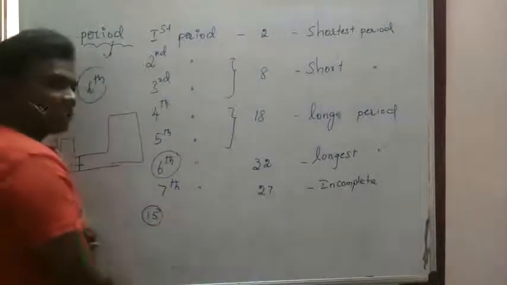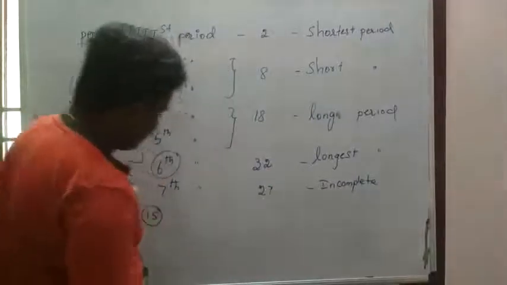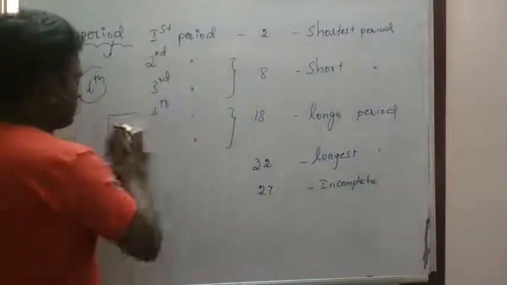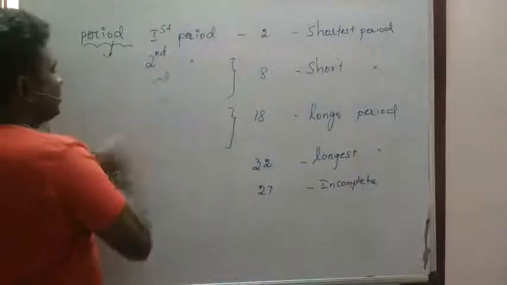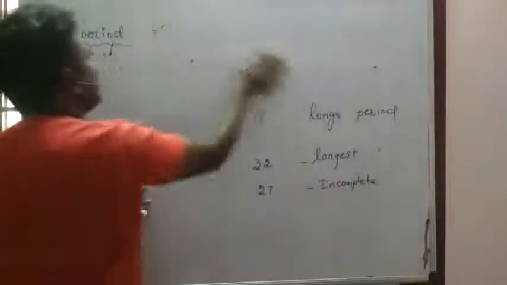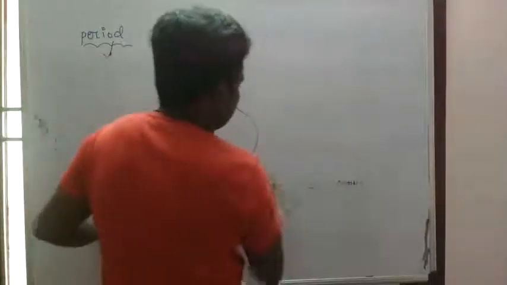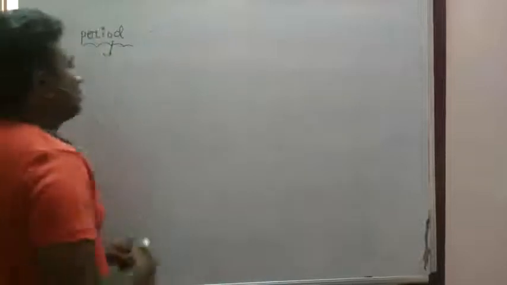What are their atomic numbers? Atomic number 57 to 71, lanthanum to lutetium.